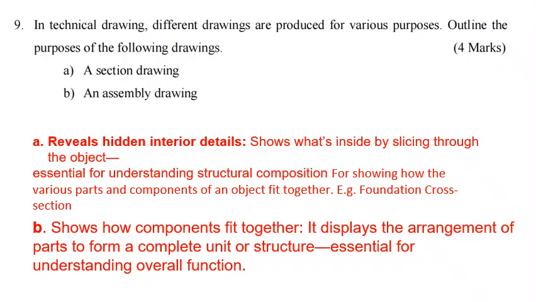Sectional drawing reveals hidden interior details. It shows what's inside by slicing through the object. The object is sliced, one part is removed, and then the remaining side now will expose the inside or the parts that are hidden. Essential for understanding structural composition, for showing how the various parts and components of the object fit together.